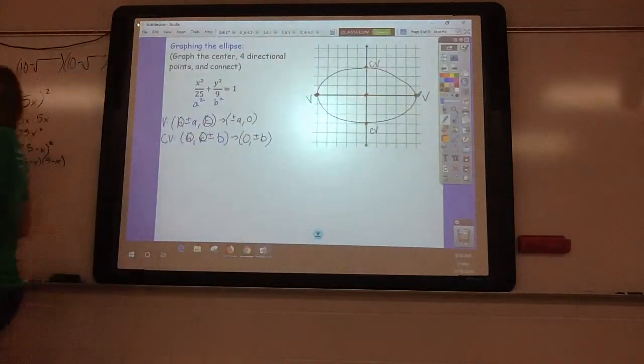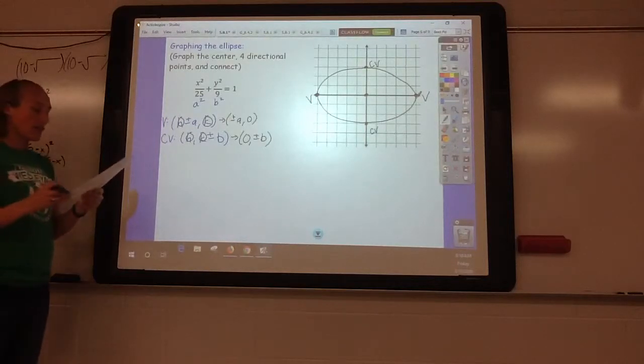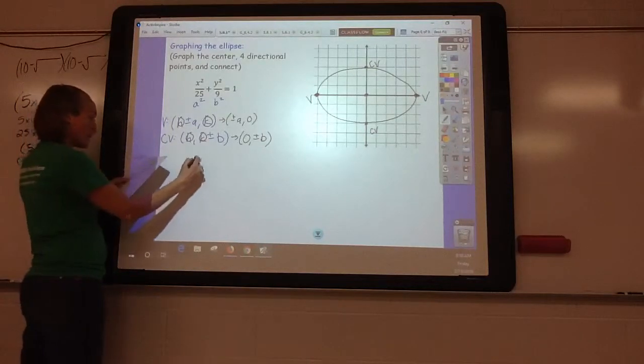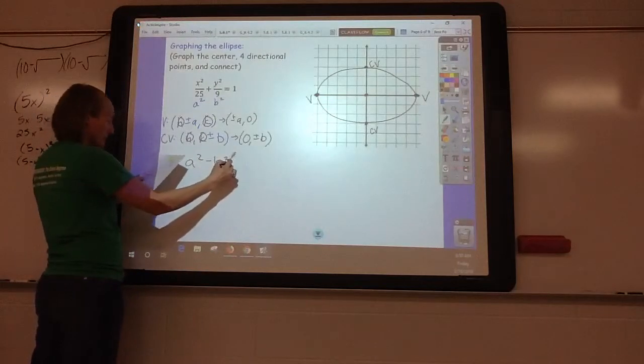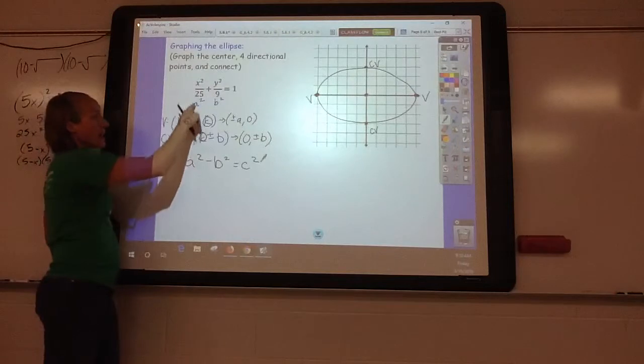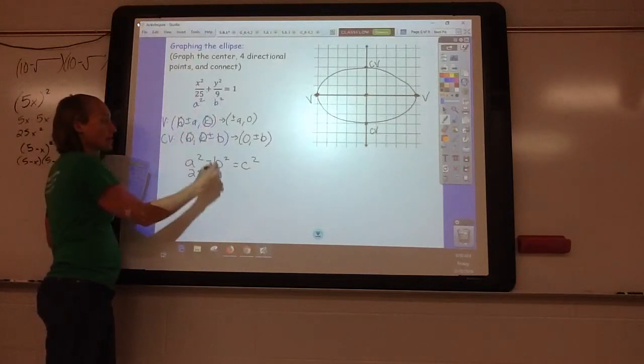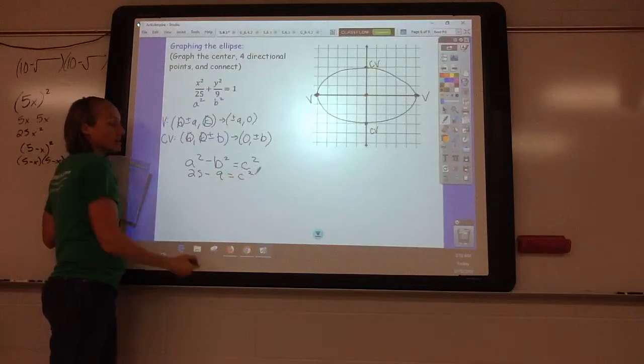Okay. If I look back at what the quiz asks you for, could you identify the vertices, identify the covertices, hopefully yes, and identify the foci? If you're going to identify the foci, you're looking at that equation, a squared minus b squared equal to c squared. In this case, my a squared is 25 minus my b squared is 9 is equal to c squared.